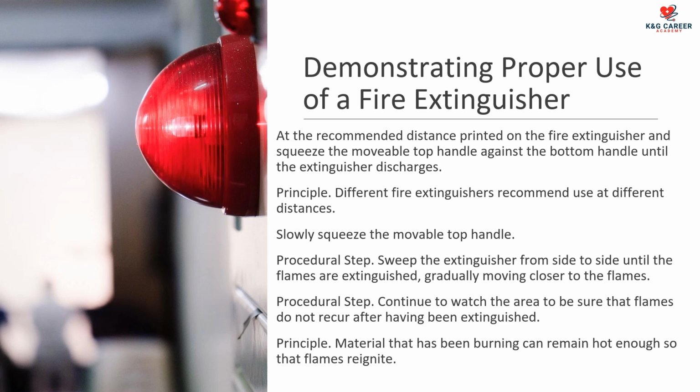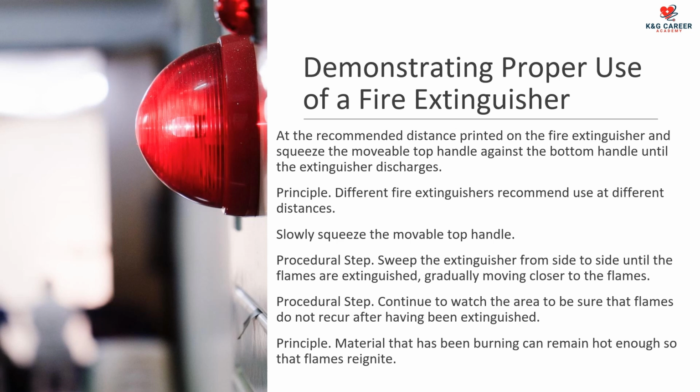Demonstrating proper use of a fire extinguisher. Stand at the recommended distance printed on the fire extinguisher and squeeze the movable top handle against the bottom handle until the extinguisher discharges. Principle: different fire extinguishers recommend use at different distances. Slowly squeeze the movable top handle.